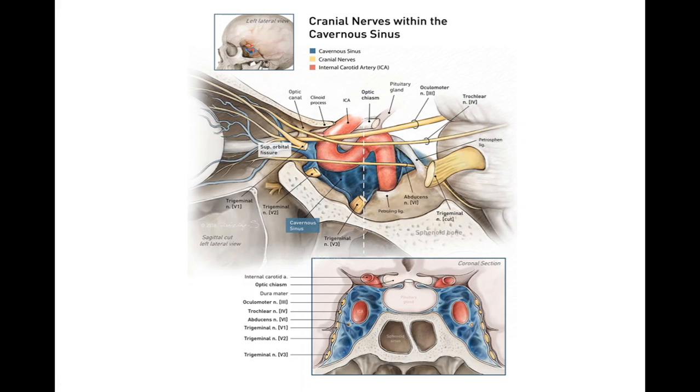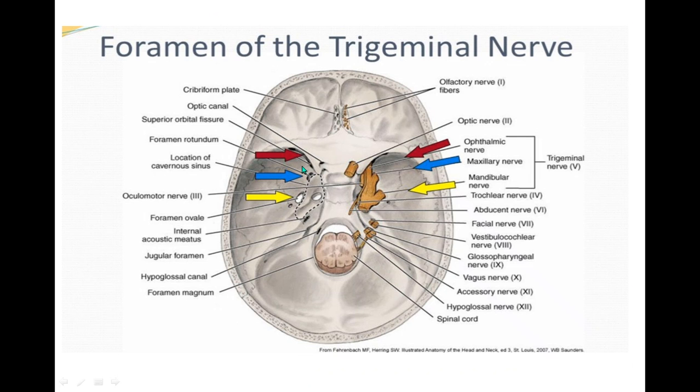Now how exactly do these three divisions exit from the cranial cavity? The name ophthalmic nerve indicates it is related to the orbit. So this ophthalmic division of the trigeminal nerve enters the orbit through the superior orbital fissure, as you can see in this picture.